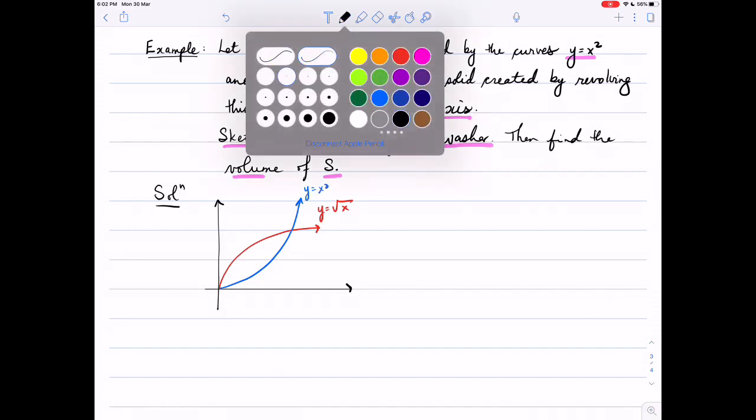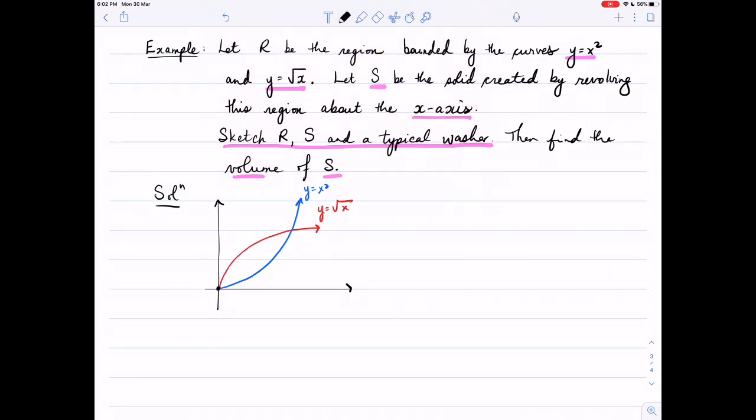And to find the a and the b, well, it's pretty easy. You can probably see or guess what they are. It's 0 and 1. But if we didn't know that, we'd have to set up a system of equations, or set the two equations equal and solve for their points of intersection.